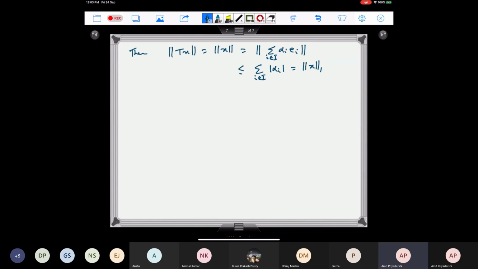So this implies T is continuous. So T from W to V is a bounded linear transformation.